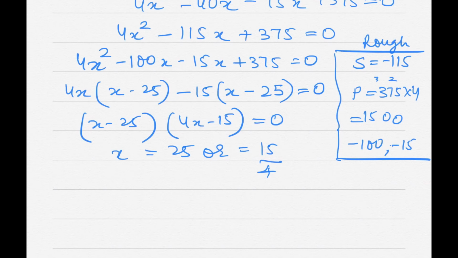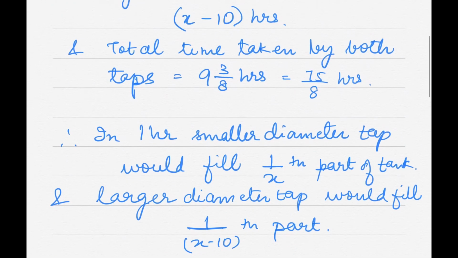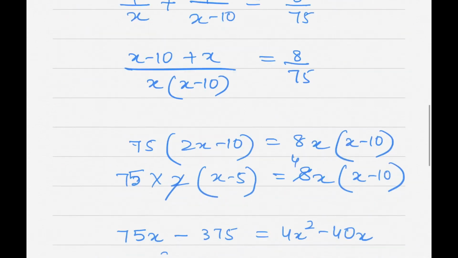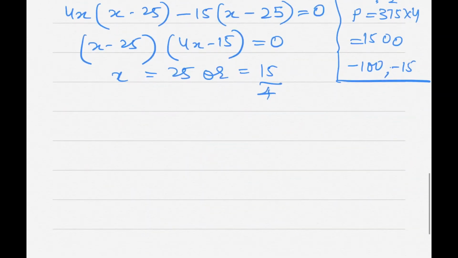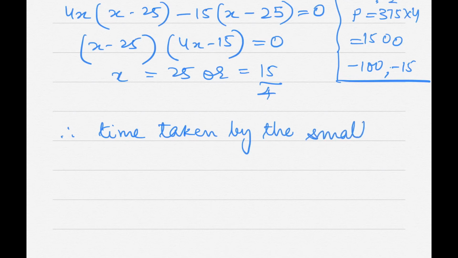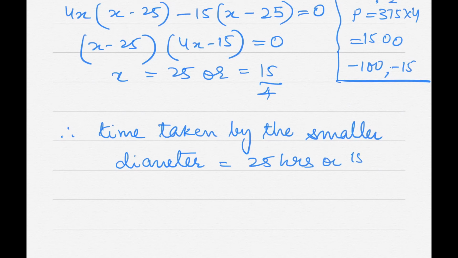So the time taken by the smaller diameter, which we assumed as x, is 25 hours or 15/4 hours, correct?